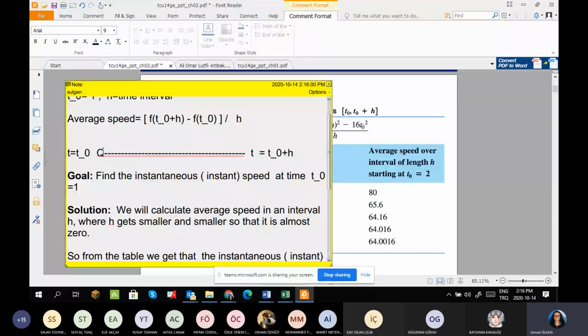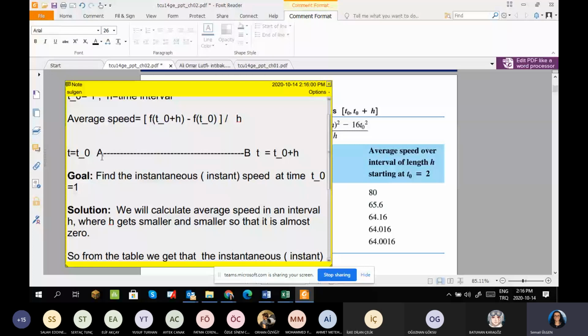Or maybe I should say A to B. Okay, let's say this is a distance from A to B, and the object is traveling from A to B. At time t is equal to t naught, it is at A, and at time t is equal to t0 plus h, it is at B. Okay, we can see it like that too.